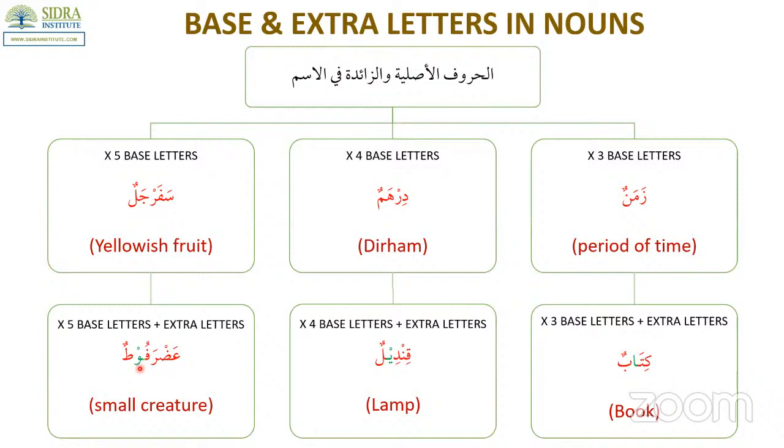We'll actually have images of the Hans Wehr dictionary, the words in the Hans Wehr dictionary. This is just developing an understanding in yourself that words are made up of letters, and letters can be the actual root letters, or they could be extra letters. In nouns, the minimum is 3. It can go up to 4, and then each one can have extra letters as well.